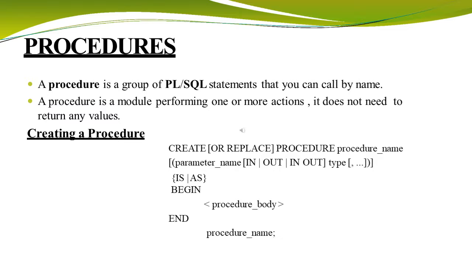It is stored in the database and can be deleted with the drop procedure or drop function statement. A subprogram created inside a package is a package subprogram. It is stored in the database and can be deleted only when the package is deleted with the drop package statement.